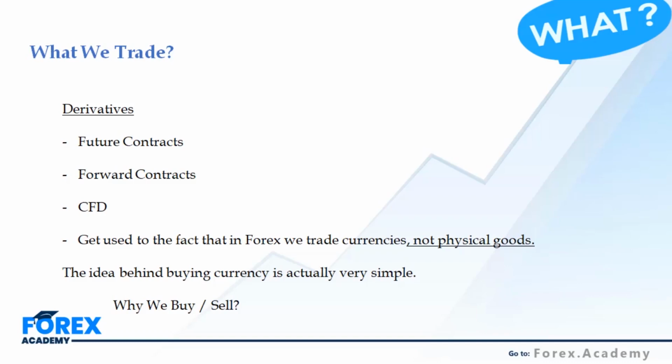So we are deriving the prices of the currencies, or maybe the CFDs, indices, or whatever we are trading here. We are deriving the prices of the trading instrument based upon demand and supply factors. So in simple words, a derivative is anything whose price is derived from demand and supply factors.